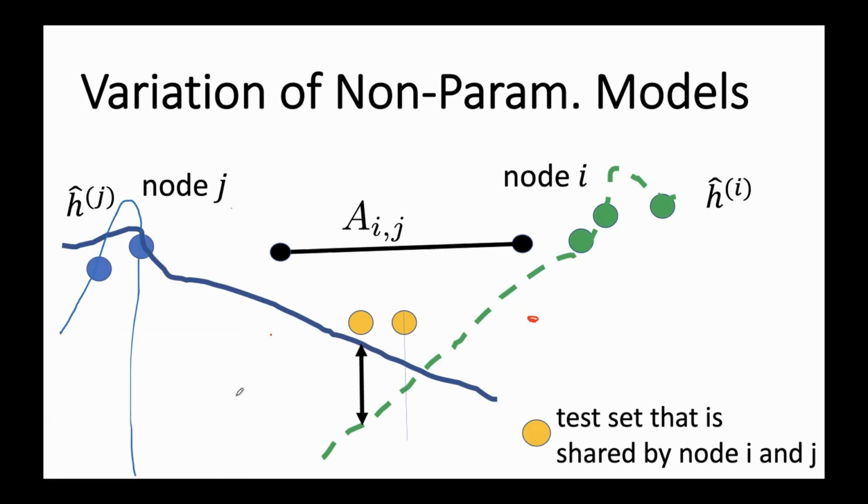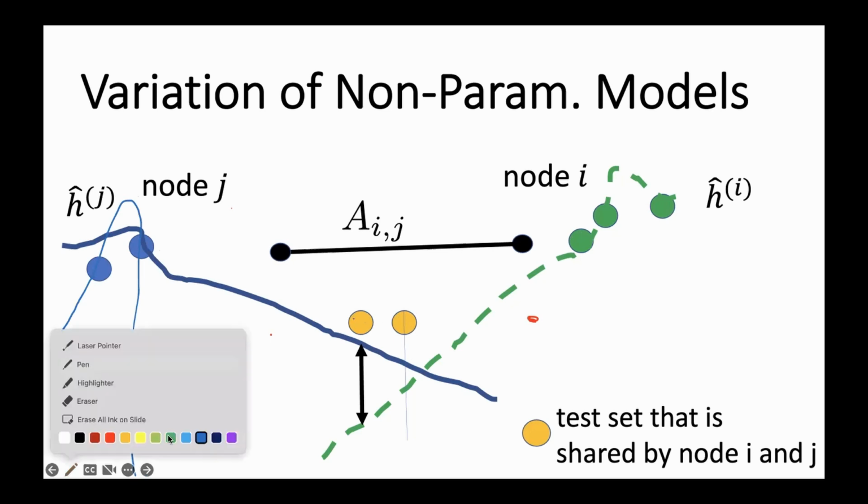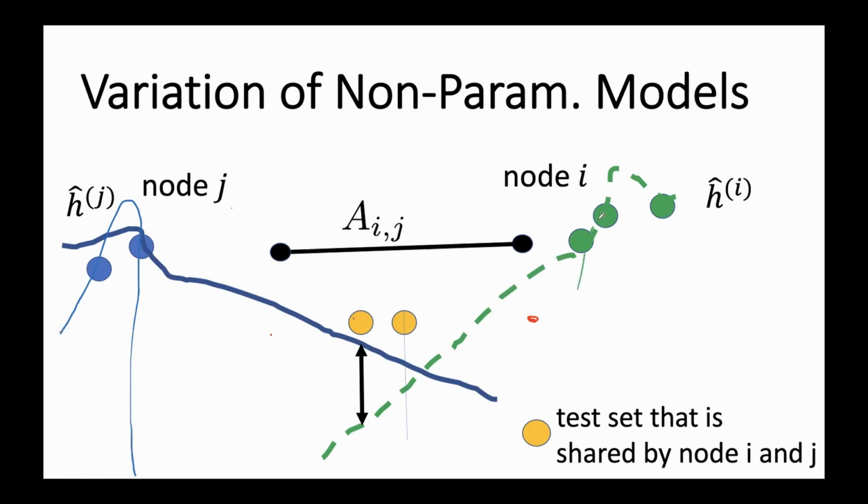It fits the local data set perfectly, but it's not useful outside the local data set. So the test set is something like a validation set. We could also learn a green model on this other data set, which also does not do a good job outside the local data set.